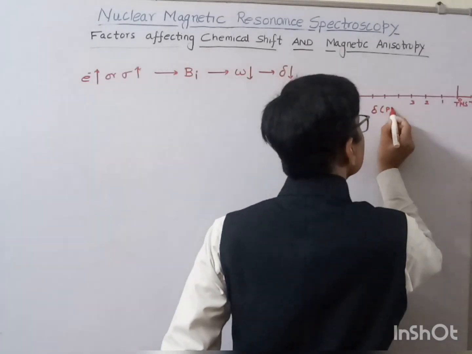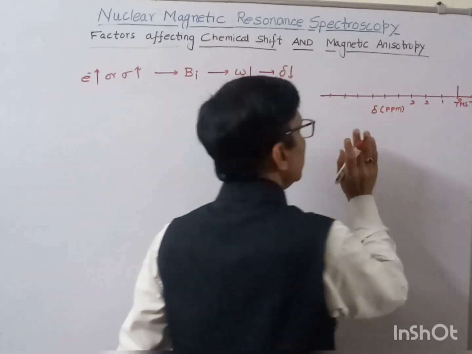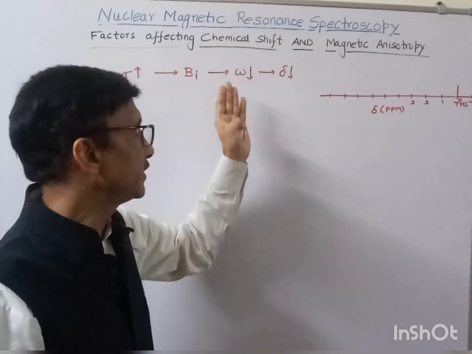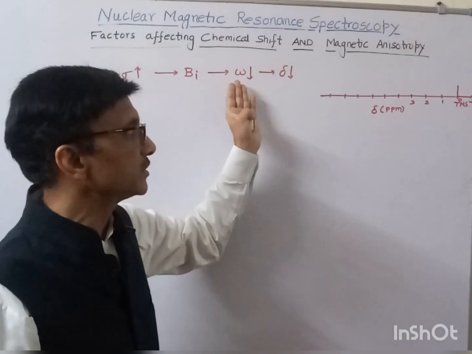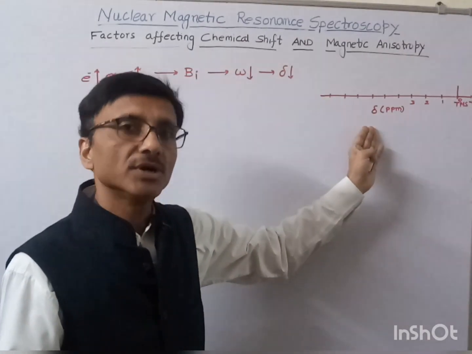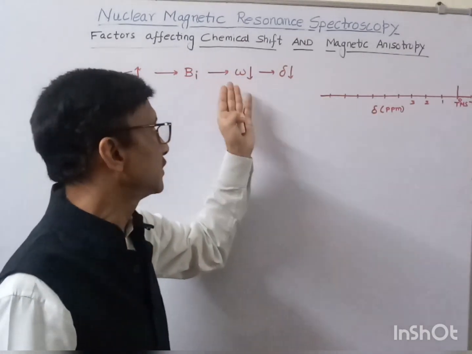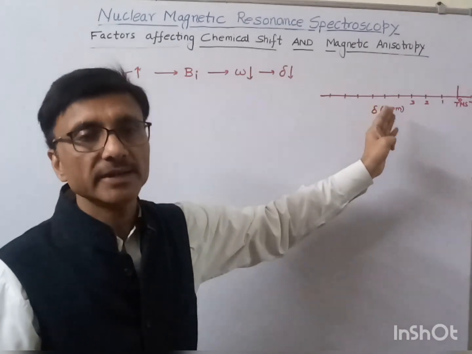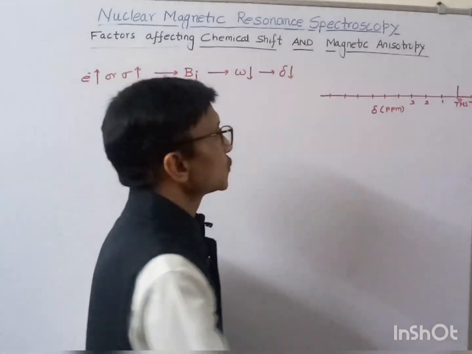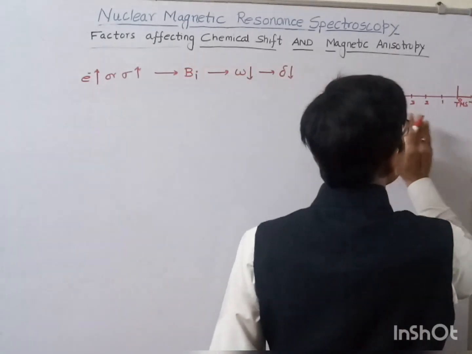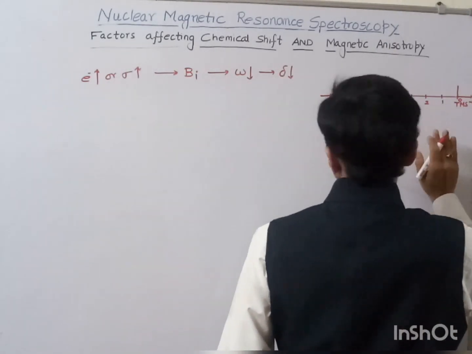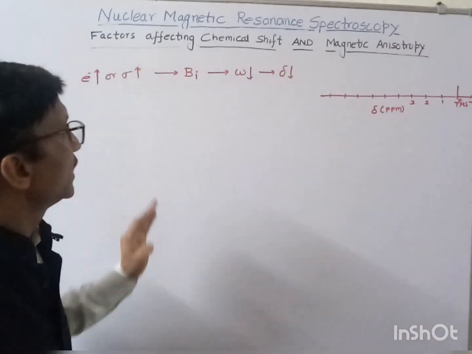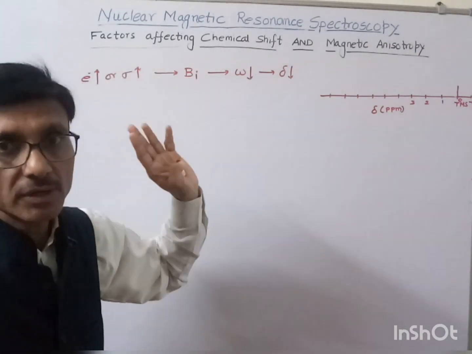This delta value is in terms of ppm, meaning we convert the resonating or precessional frequency into delta. The instrument itself converts the precessional frequency into delta, and we observe the signal in terms of delta. Suppose electron density increases, then the delta value will decrease.